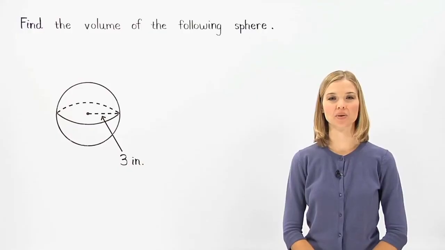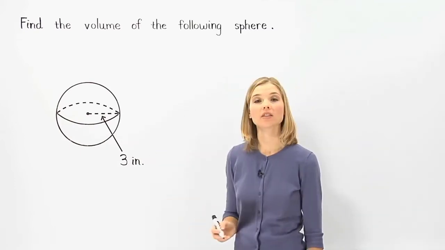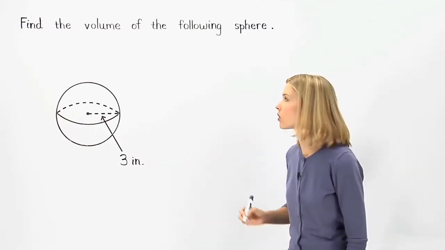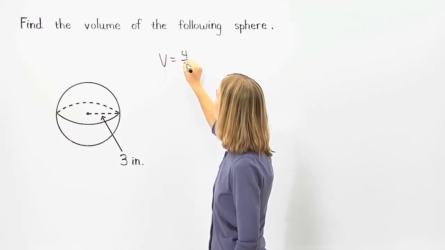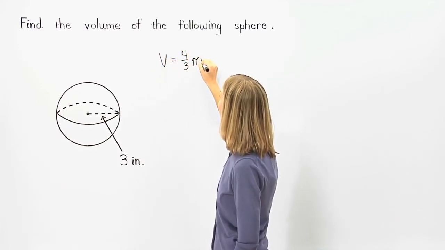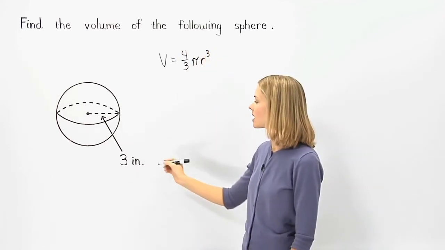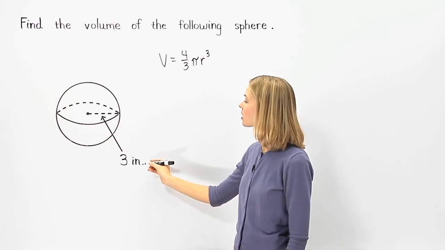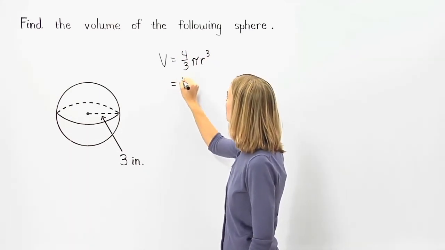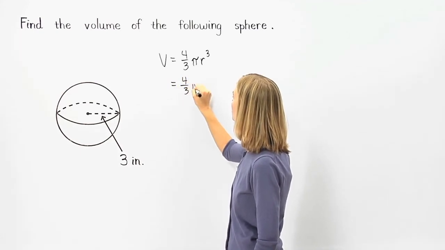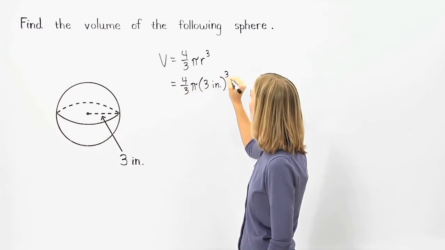In this example, we're asked to find the volume of the given sphere. To find the volume of a sphere, we use the formula volume equals 4/3 times pi times radius cubed. So here, since the radius is 3 inches, we can plug 3 inches in for the radius in our formula, and we have 4/3 times pi times 3 inches cubed.